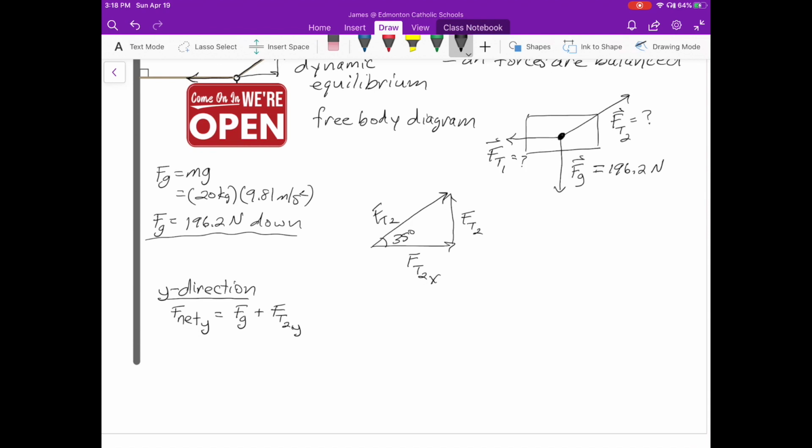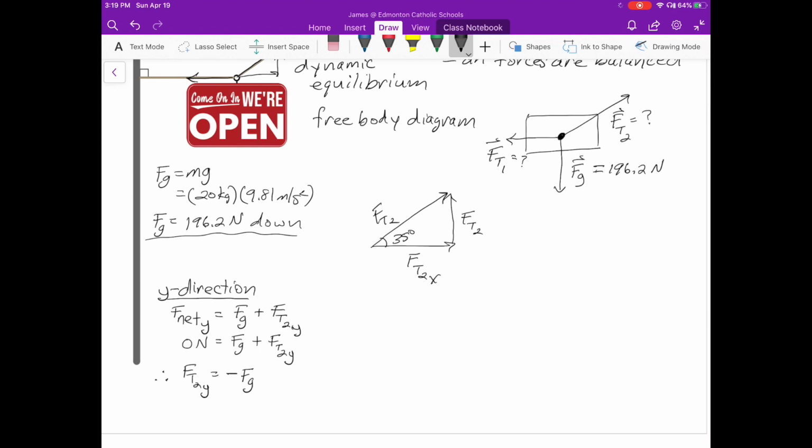We know that the forces acting on this thing are balanced. So that means the net force in the y direction is 0, or the sum of the y components is 0. And what that means then is that the y component of the tension in rope 2 is equal and opposite to the weight.